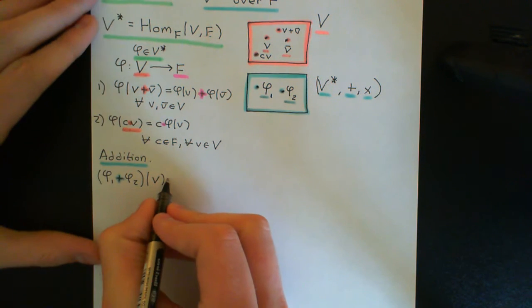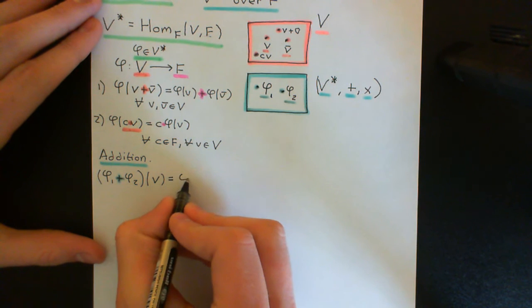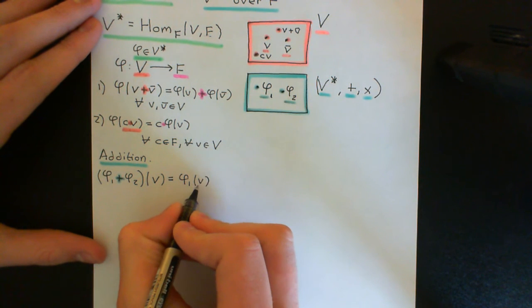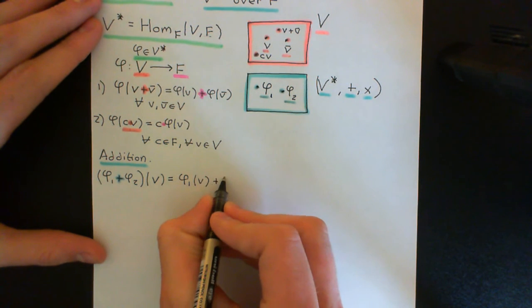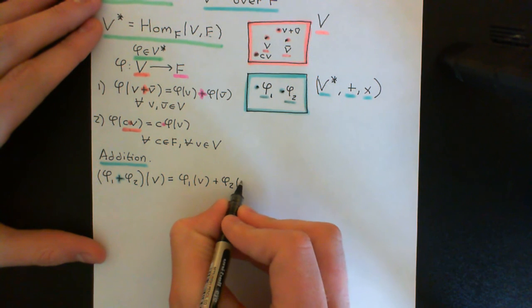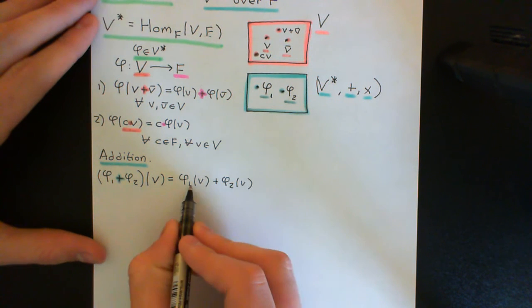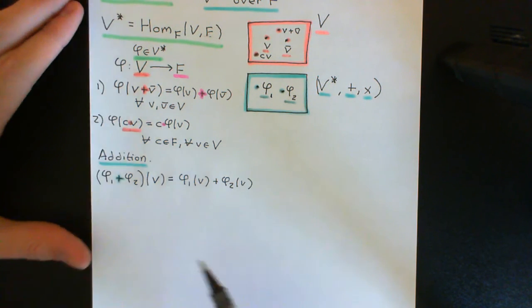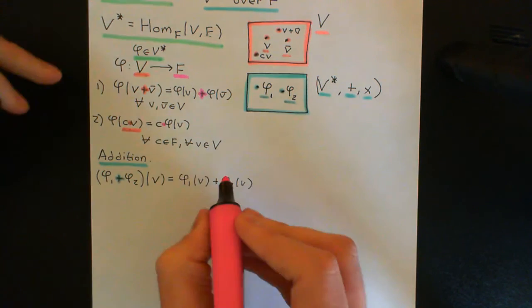The way I'm going to define this is you just say, what does phi1 map this vector V onto? Now add that to what the mapping phi2 maps V onto, and of course these two things are elements of your field, so you'll have to add these two together in the field.